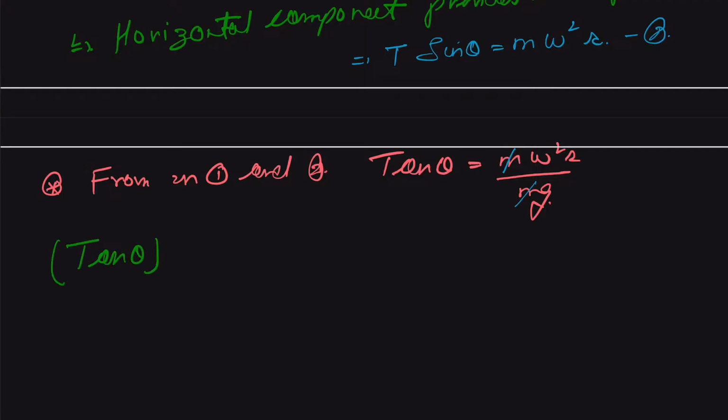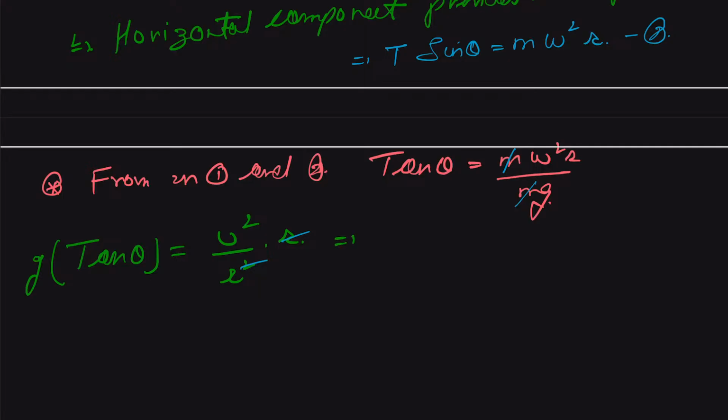tangent of theta is equal to, we can write our angular velocity in terms of tangential velocity v. Therefore, let us reformulate it as v square by r square multiplied by r, and here r cancels with r square, and we are left with the term g. So we can multiply this on the other side.